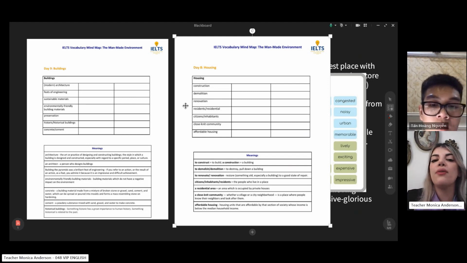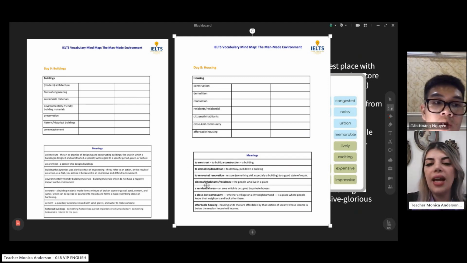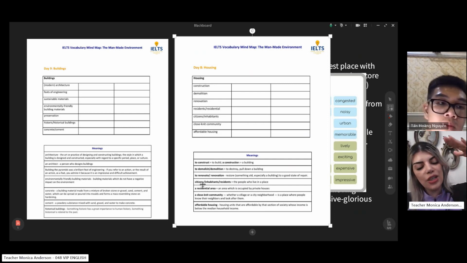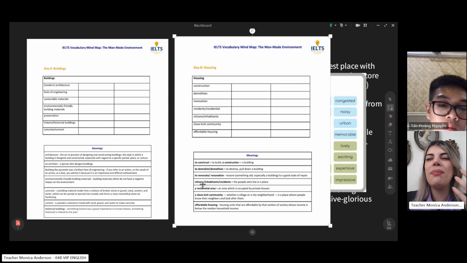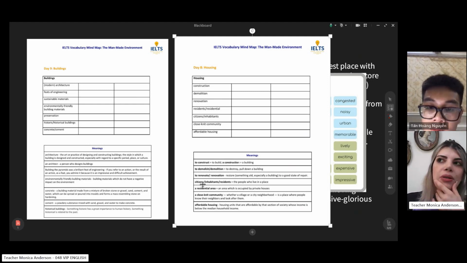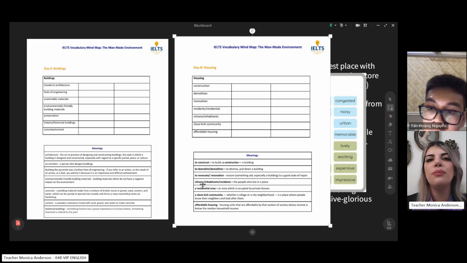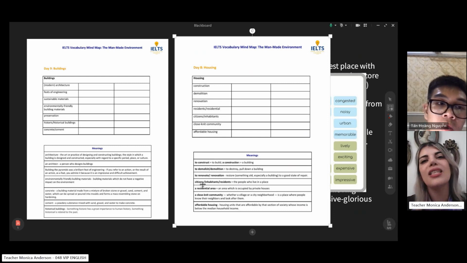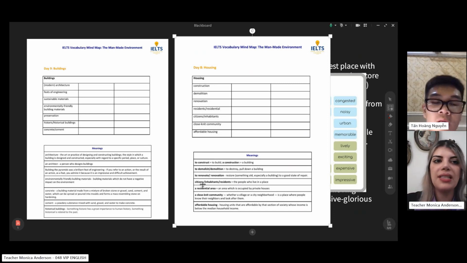And affordable housing: housing units that are affordable by people whose income is below the median household income, the average. People who don't have enough income to rent a house can afford renting these affordable housing units.